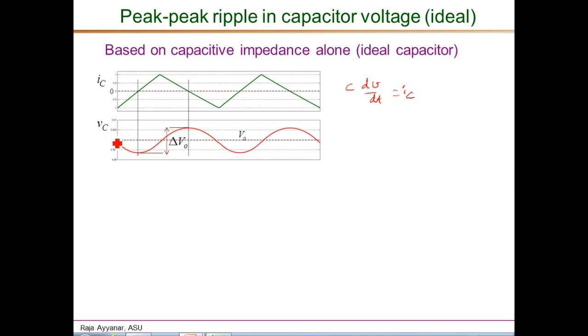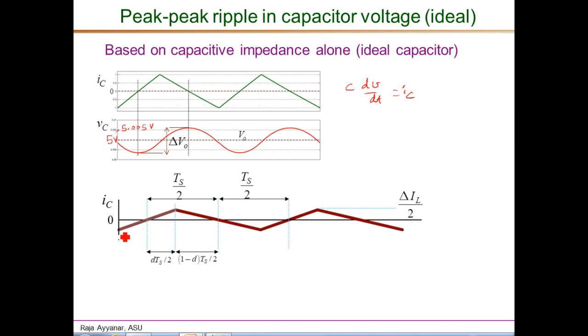For example, in this waveform, this part is 5 volts, and this point here is 5.005 volts. So just 5 millivolts change here, or roughly a total of about 12 millivolts change in the capacitor voltage. And we are trying to derive an expression for this delta V naught based on the operating conditions.